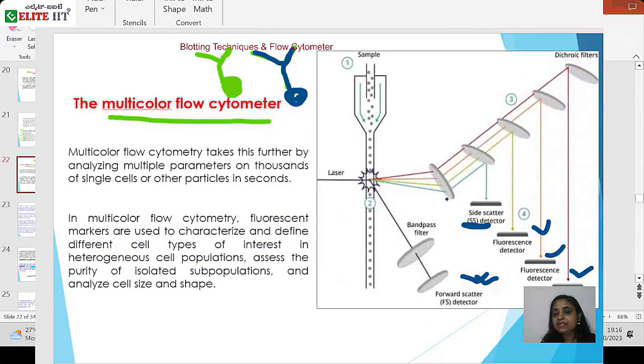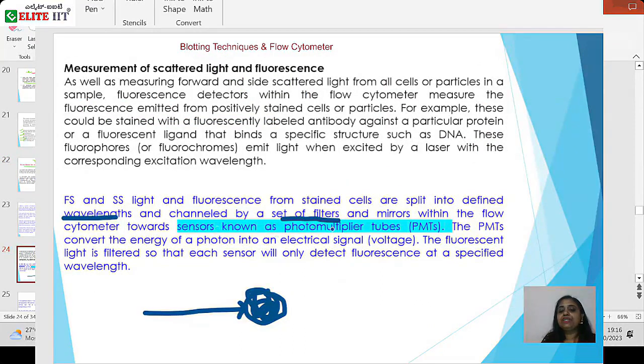See here, different filters are there. These are all filters after the scattering. So all the scattered lights are channeled by a set of filters and mirrors within the flow cytometer towards sensors, which are known as PMT or photomultiplier tubes.